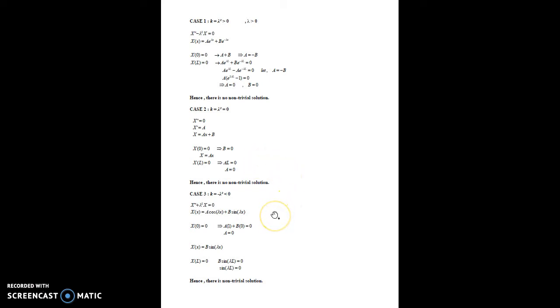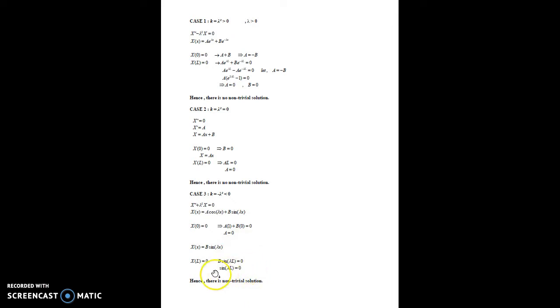Let's go to case 3 where k equals negative lambda squared, less than 0. We substitute k equals negative lambda squared in this equation. Our X equation equals a cos lambda x plus b sin lambda x. We let X(0) equal 0 and when we solve this we will get a equals 0.